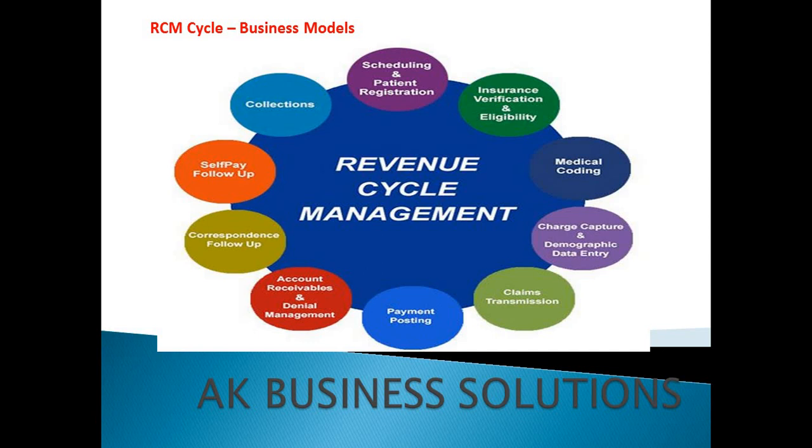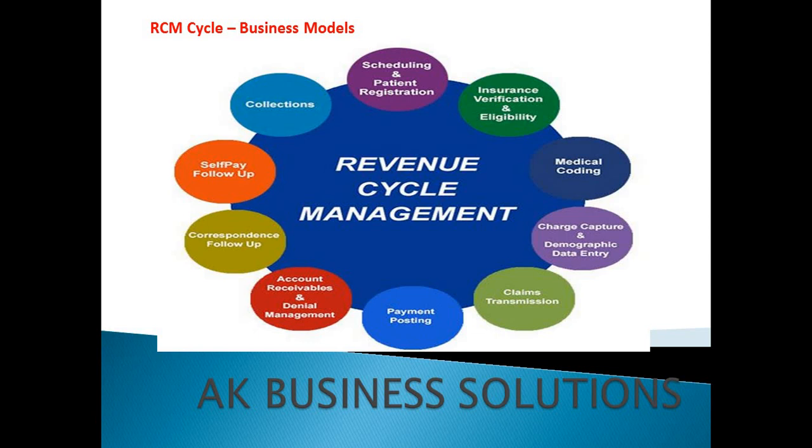After claim transmission, the claim goes to the insurance company. Before that, the claim goes to the clearinghouse, and the clearinghouse scrubs the claims properly and, as per the insurance company's requirement, transfers it to the insurance company in their standard format. Once the claim is received by the insurance company, it is either paid or denied.